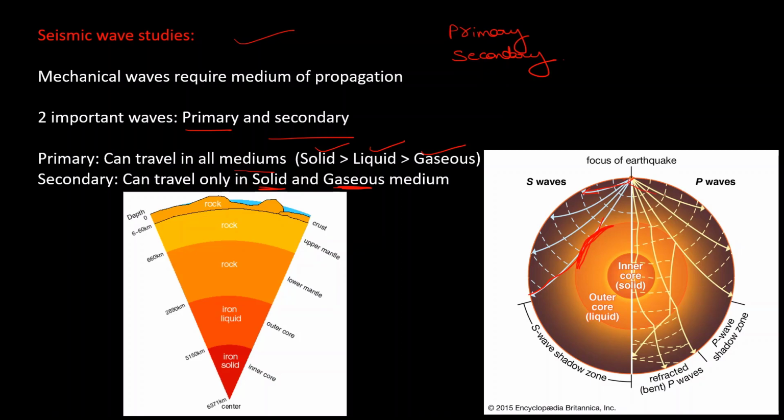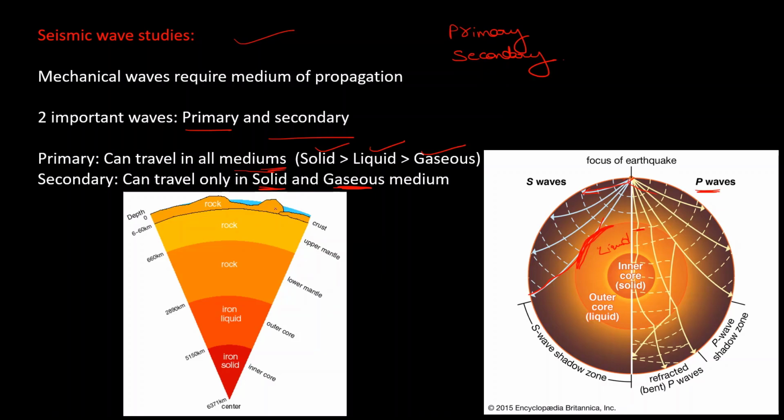But P waves are not like that; they travel through the liquid outer core region also. So when the S wave does not travel but the P wave does, it means P can travel in liquids also, in all mediums. So we can conclude that this region is liquid, and the speed also decreases. Like this they came to know that the outer core is in liquid state.